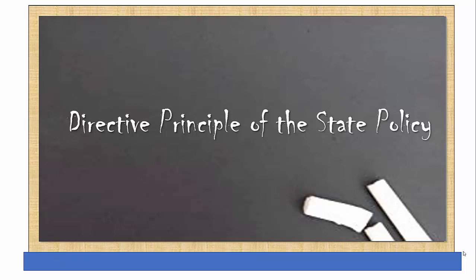If you told me to sum up the Directive Principles of State Policy in one word, I would sum up like this: DPSP, or the Directive Principles of State Policy, are the future fundamental rights.